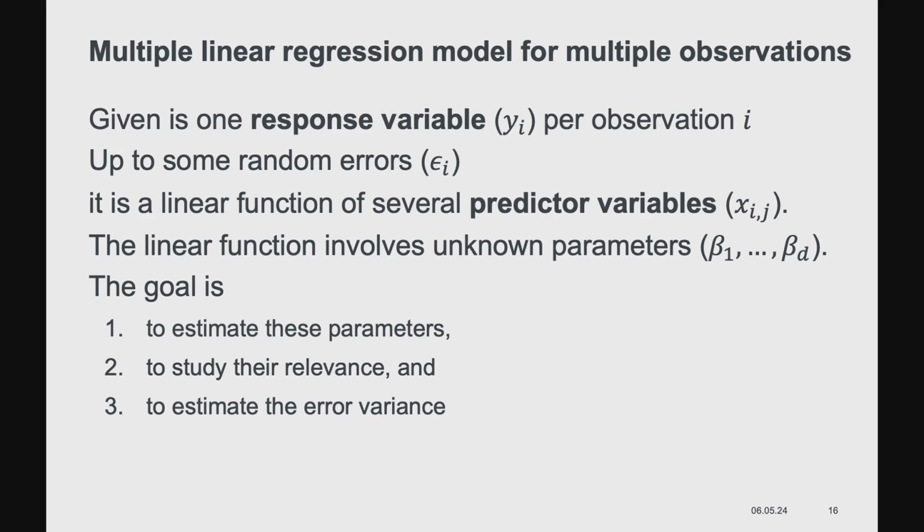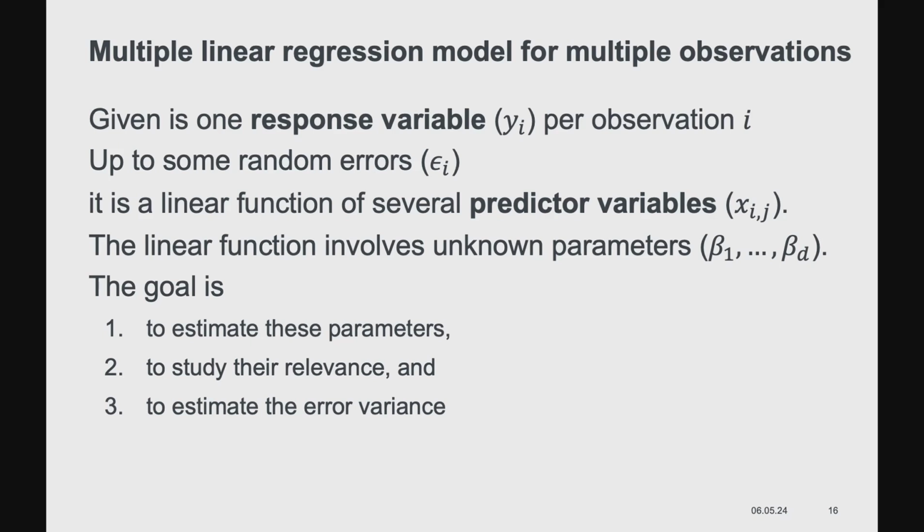Okay, so we here assume we have one response variable per observation, per data point. And there's always some random error involved, as I said already. The expectation of the random error is centered around 0, and it's Gaussian distributed, normally distributed. And then the yi depends on a vector of inputs.